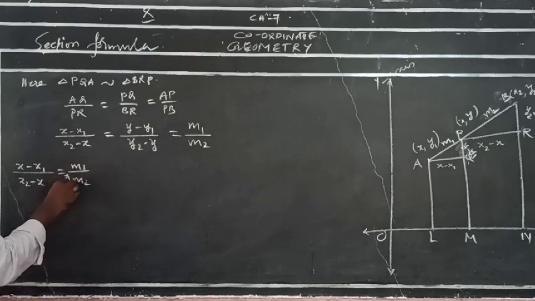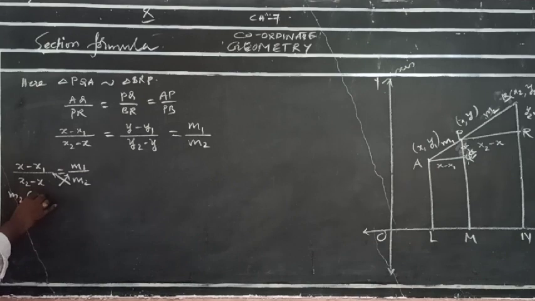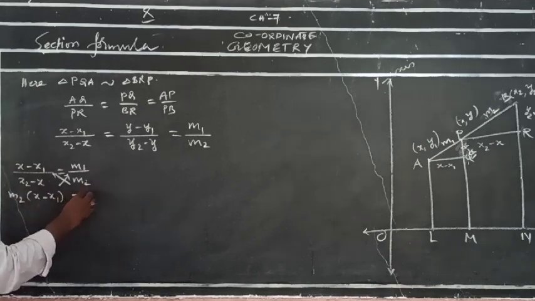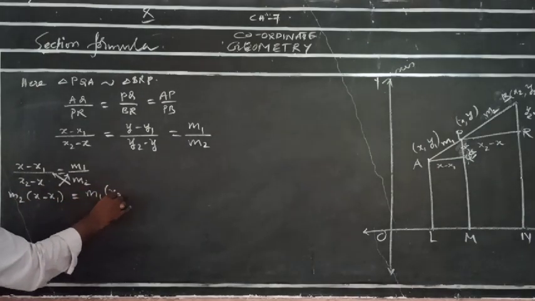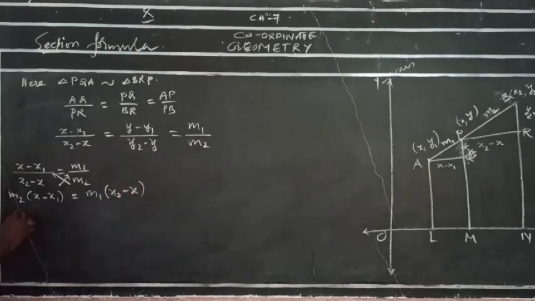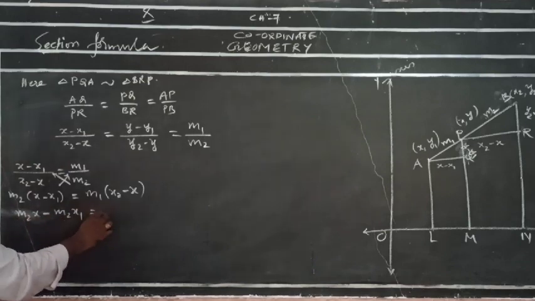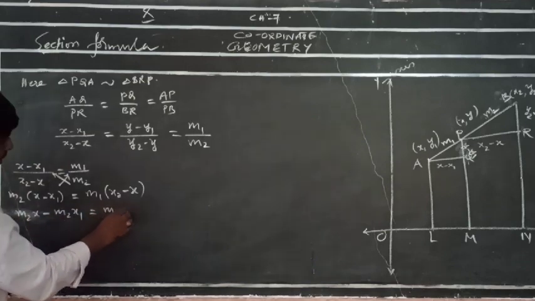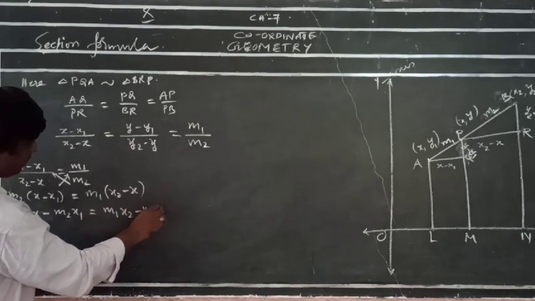Now take cross multiplication, so that you will get m2 into (x minus x1), which is equal to m1 into (x2 minus x). Now m2 x minus m2 x1 is equal to m1 x2 minus m1 x.